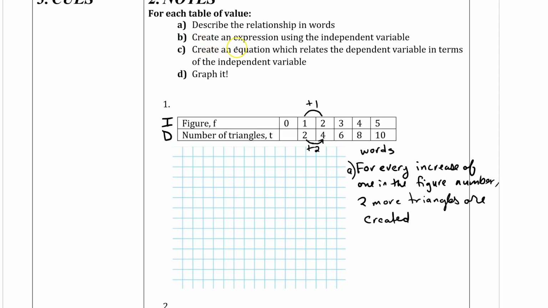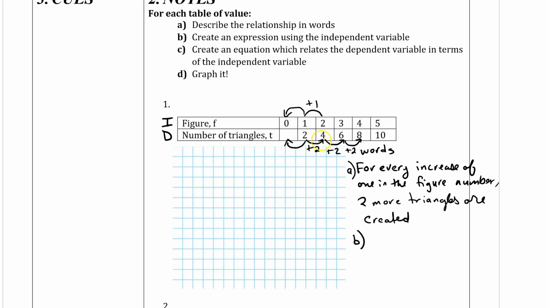Now what we want to do is create an expression using the independent variable. So I go up here and I see, okay, for every increase of 1 figure number, there is an increase of 2 in the number of triangles. So in our figure 0, this is what gives us our constant term.